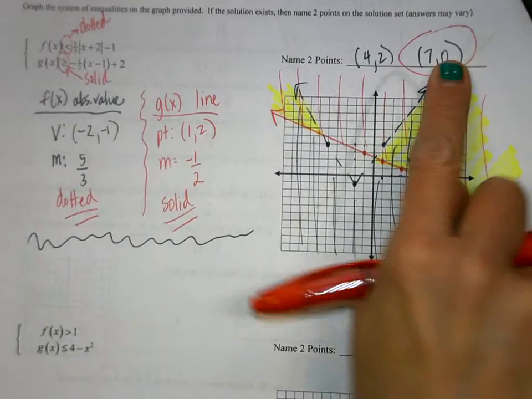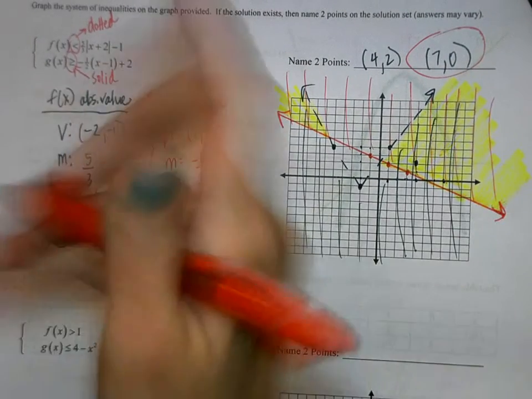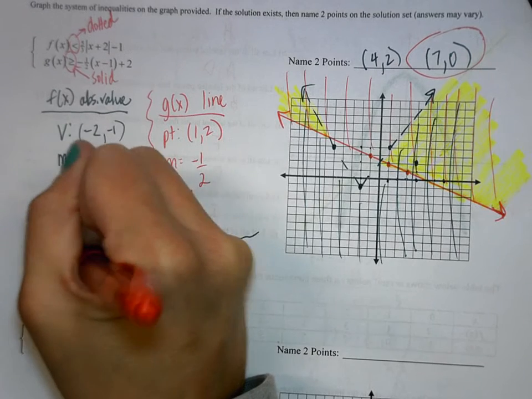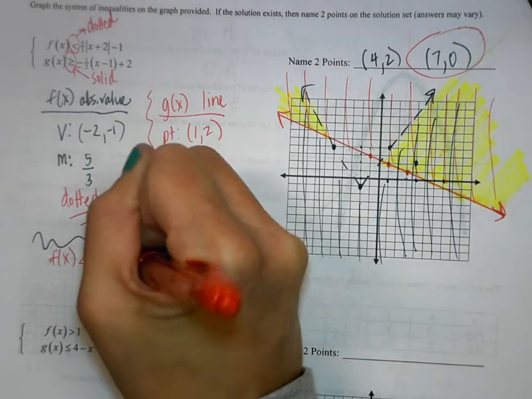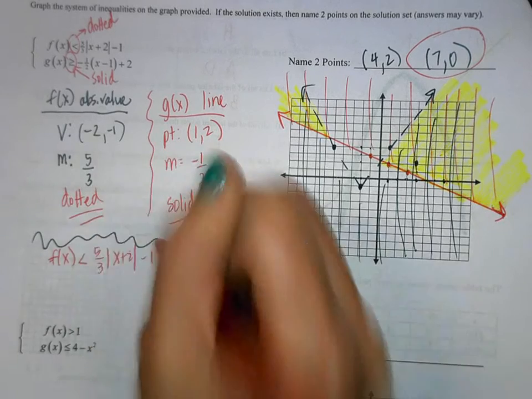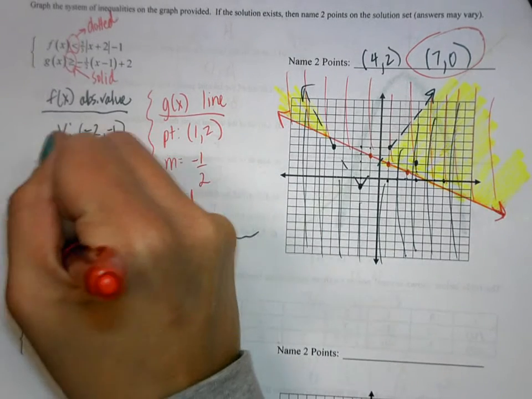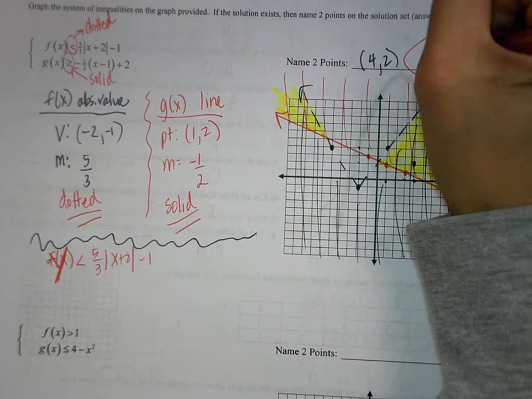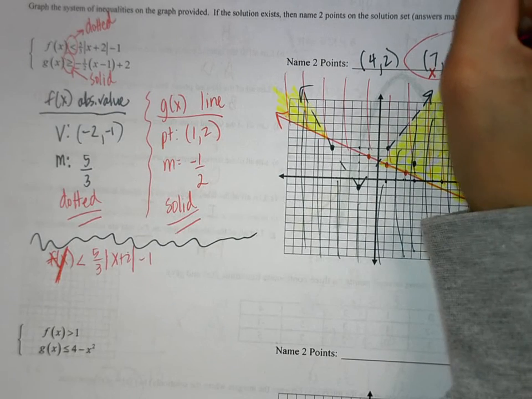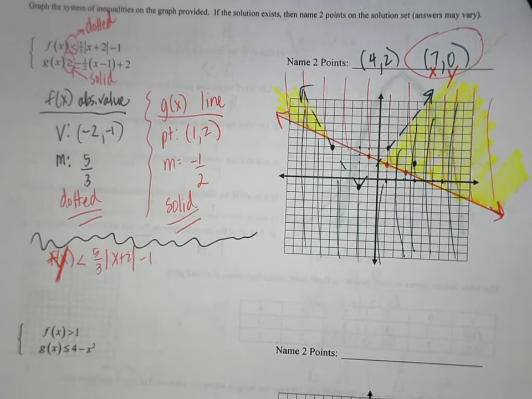Okay, so we plug 7, 0 into our equation. So I'm starting with f of x is less than 5 over 3 absolute value x plus 2 minus 1. So remember f of x actually represents y. I also recommend that you label these as x and y, to make sure you're putting them in the right spots.